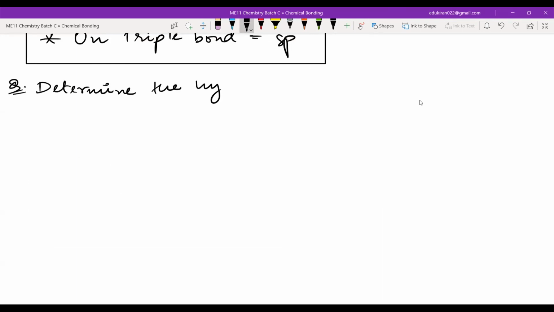Determine the hybridization of the following.